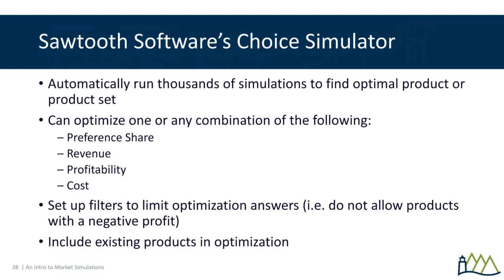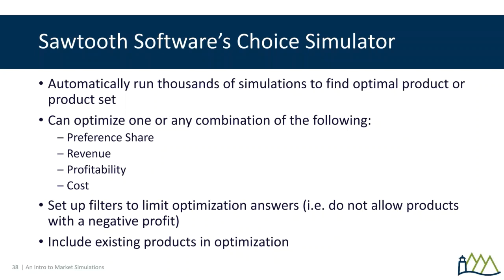Within our choice simulator that Walt's been showing you, we automatically run through thousands of simulations to find what that optimal product or product set is or service bundle. And we can do that optimization on one or any combination of share of preference, of revenue, of profitability, or of cost.